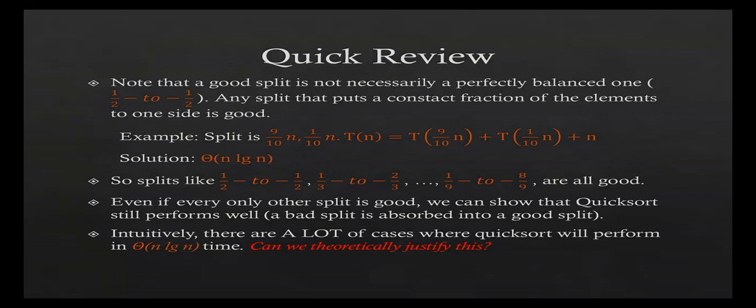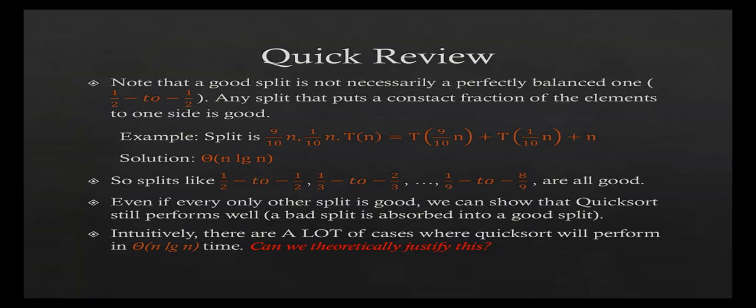Any split that puts a constant fraction of the elements on one side is also good. For example, based on trial and error, we see that some splits also perform well, achieving the average case, which we know is order of n log n, right?